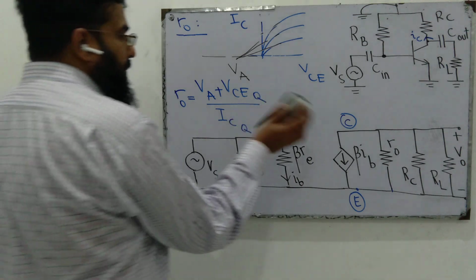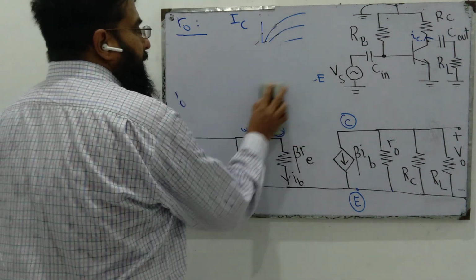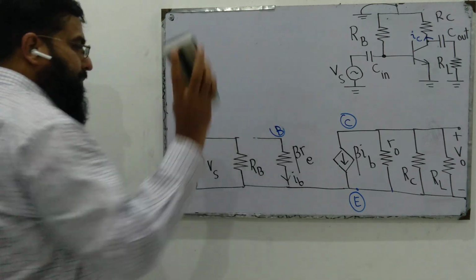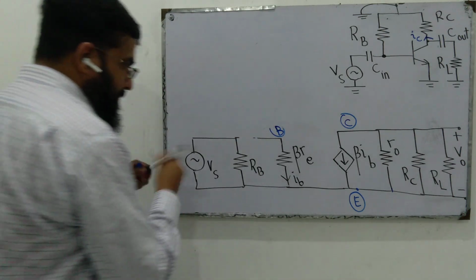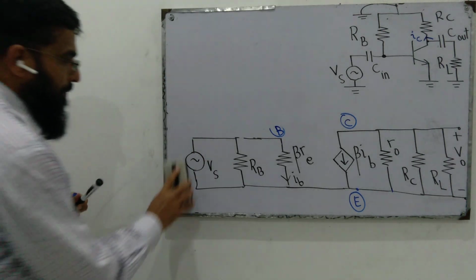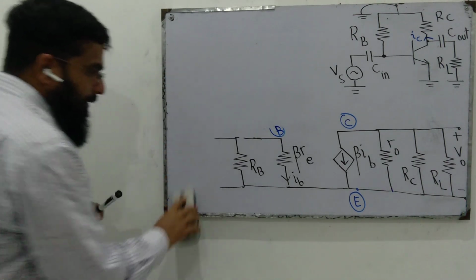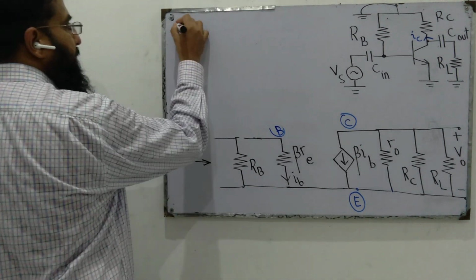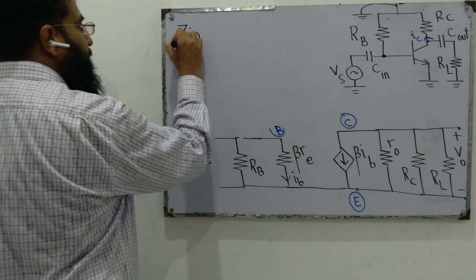Let's talk about the input and output impedance of this model. What about the input impedance of this model? To find the input impedance, we remove the source and find Zin here.